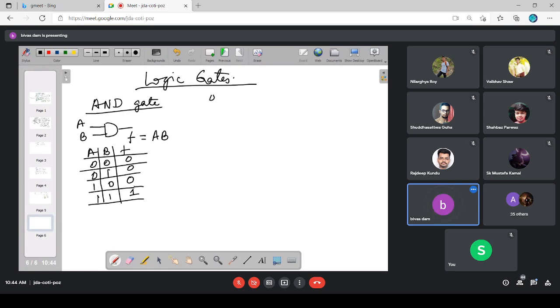Second one is the OR gate. Symbol wise, once again there can be more than 2 inputs.